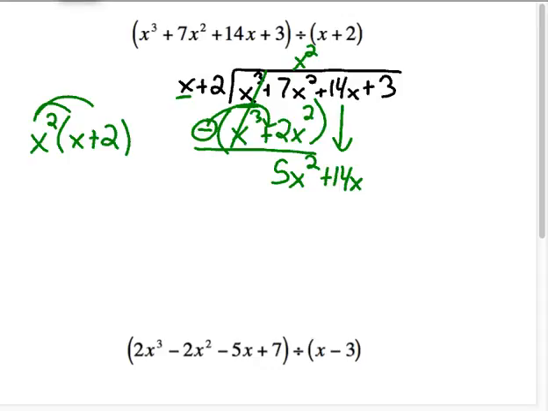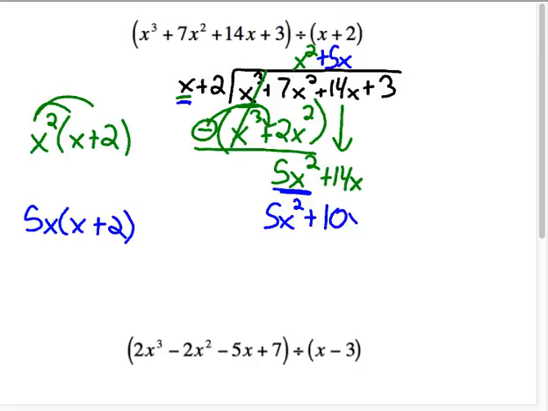Once we pull down the next piece, now we start over. So now we need to see, what does this x need to become a 5x squared? Well, it's going to need a 5, and it's going to need an additional x. Okay, so I need a 5x this time to turn that into what I need. So take that 5x. Now let's see what we've got when we multiply that to the x plus 2. So what we've got is 5x squared plus 10x when we distribute that through.